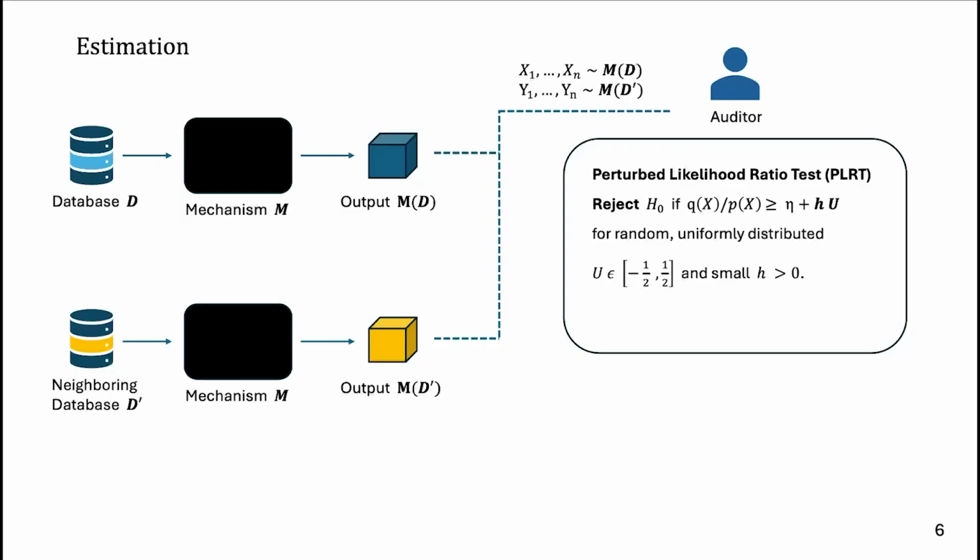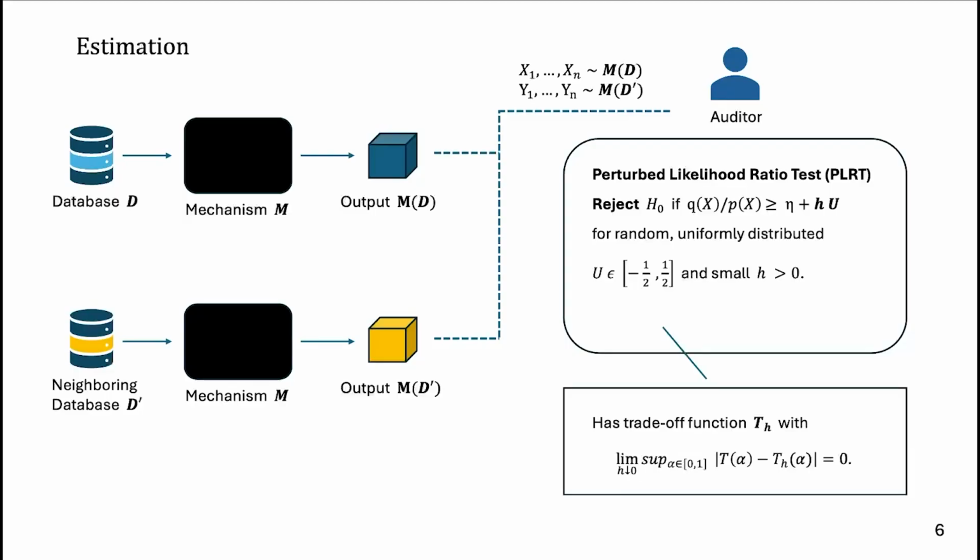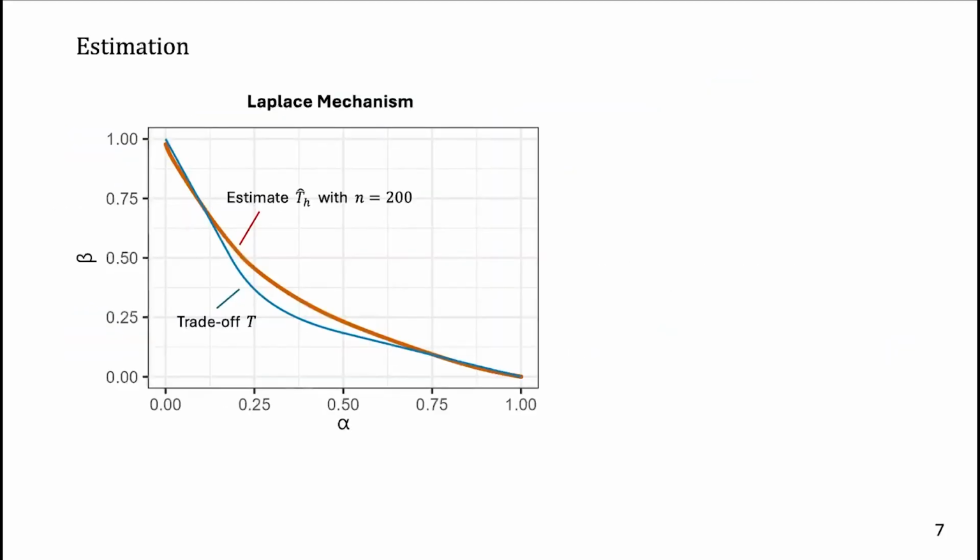This perturbed likelihood ratio test also has a trade-off function T_h, which happens to converge uniformly to the trade-off function T defined by the optimal likelihood ratio test. So it converges uniformly to our true trade-off function T as our parameter h goes to 0. And our hope now is that an estimate for the trade-off function T_h of the perturbed likelihood ratio test will also converge uniformly to the true trade-off function T. To illustrate this, we can consider an example.